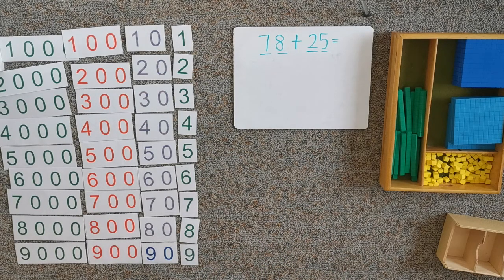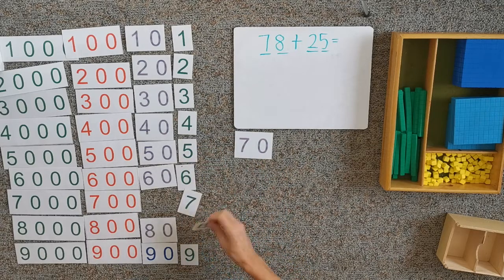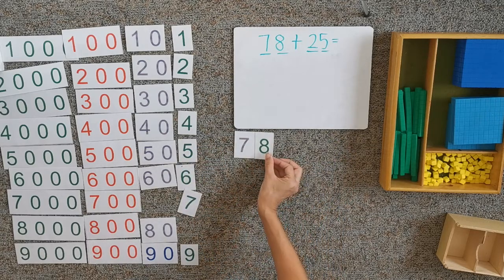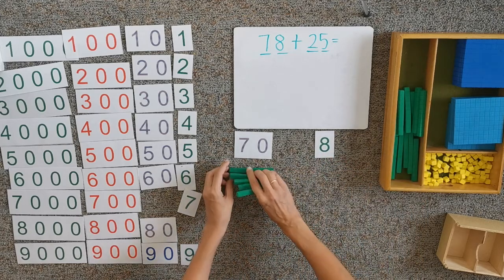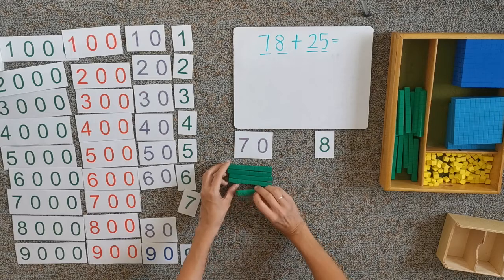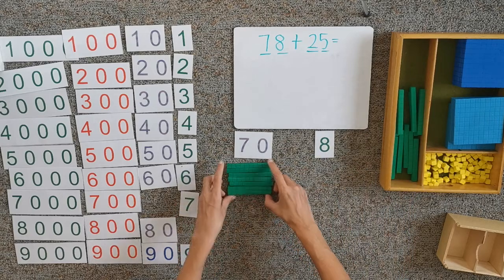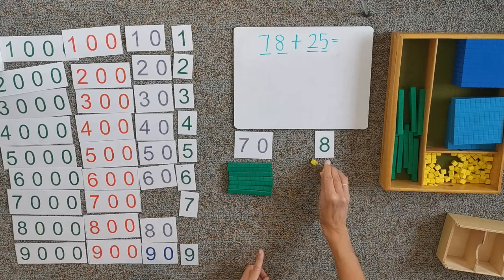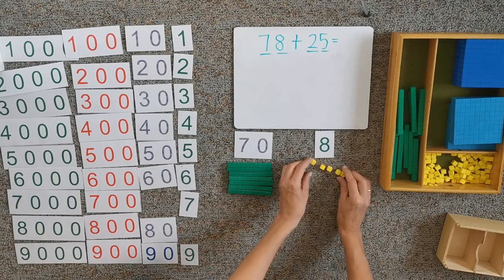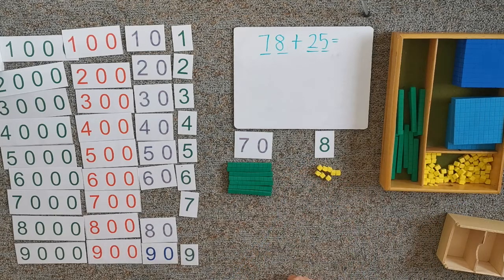Let's see what happened. 78, sorry. 78, the expanded form is 70 plus 8. 1, 2, 3, 4, 5, 6, and 7 tens, and 8 ones. 1, 2, 3, 4, 5, 6, 7, and 8. And then 25.